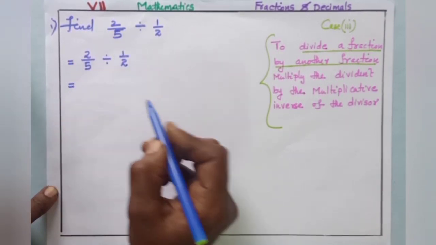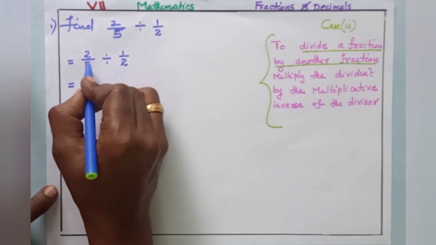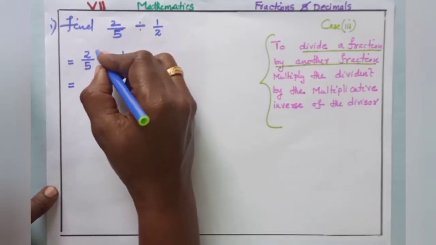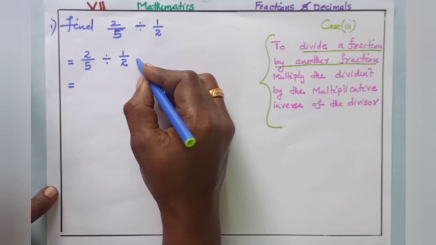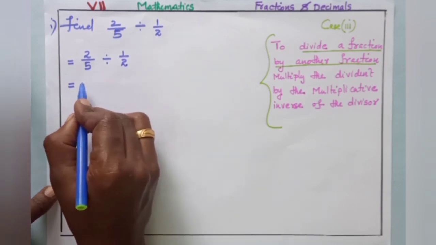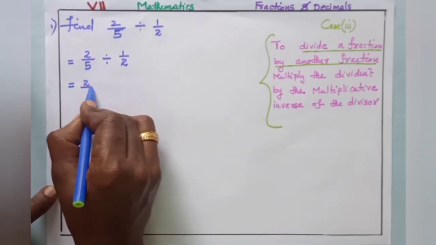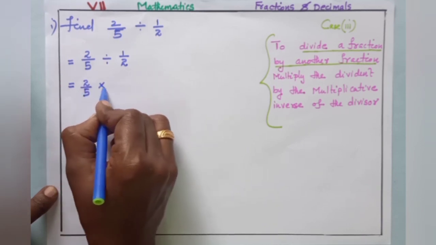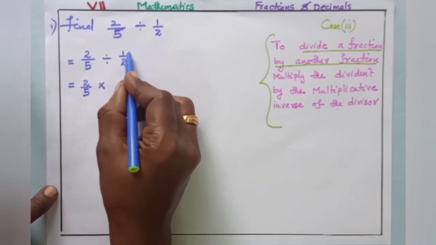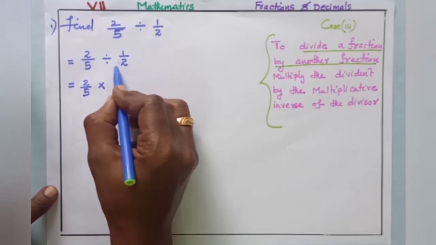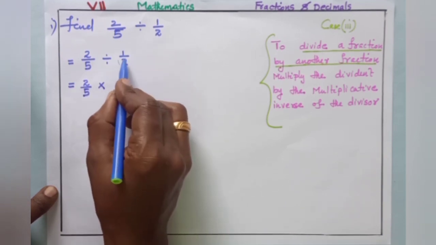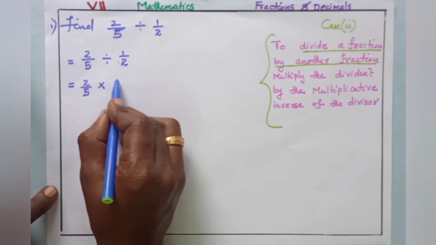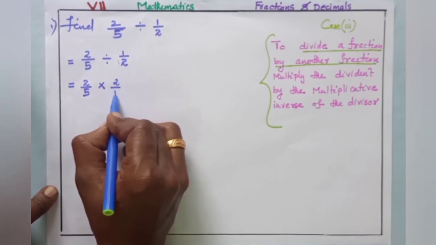How will you do? Yes, multiply. See, this is the dividend, this is the divisor. So multiply the dividend, which is 2 by 5, the first fraction, by the multiplicative inverse of the divisor, the second fraction. So the multiplicative inverse of 1 by 2 is 2 by 1.